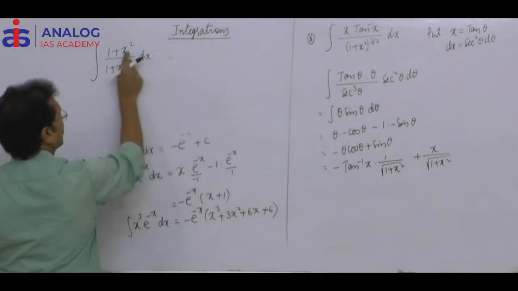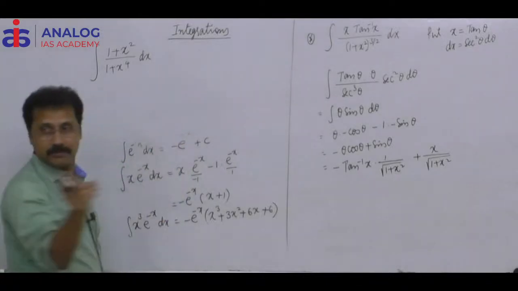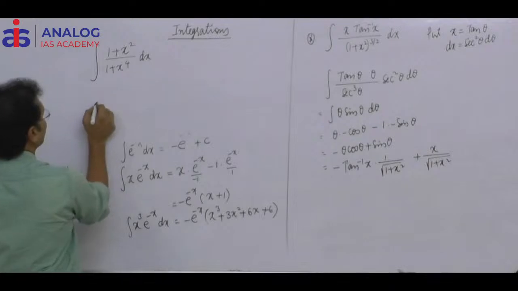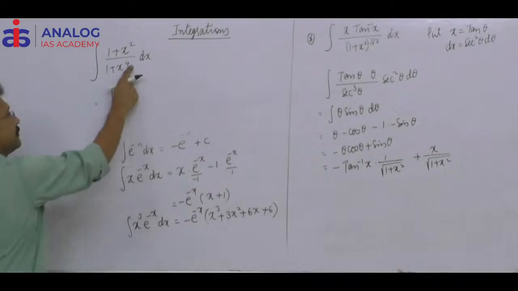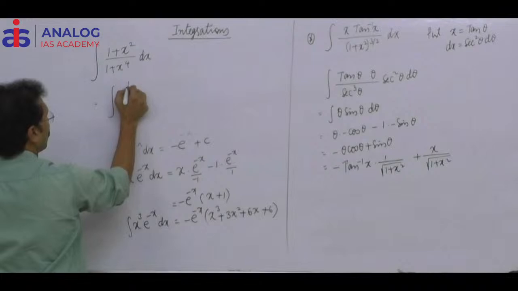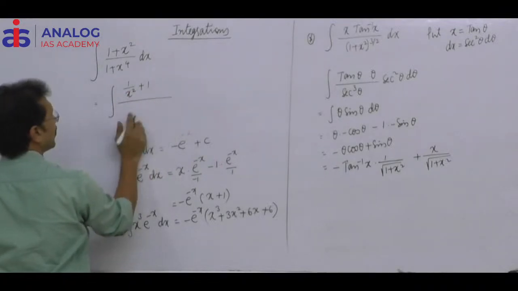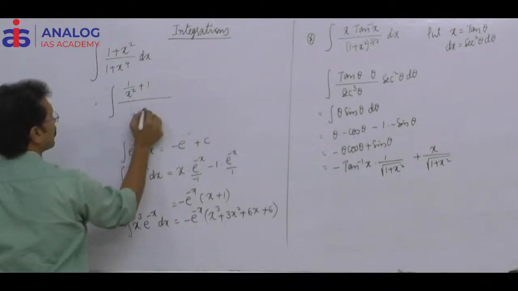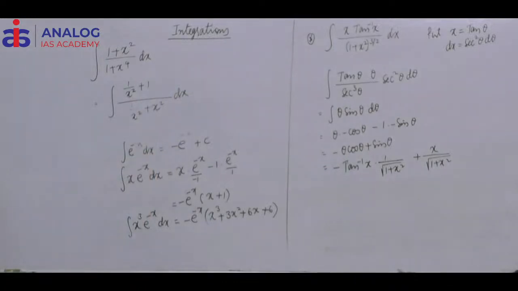I will take x square common in both numerator and denominator, which cancels off that x square, which gives me 1 by x square plus 1 in the numerator, divided by 1 by x square plus x square in the denominator.